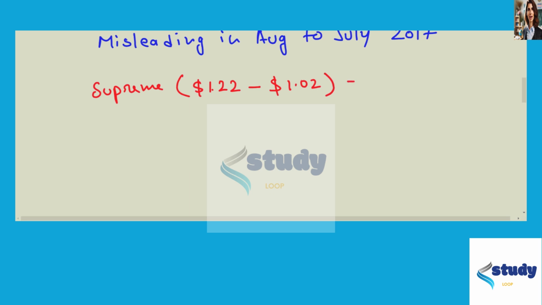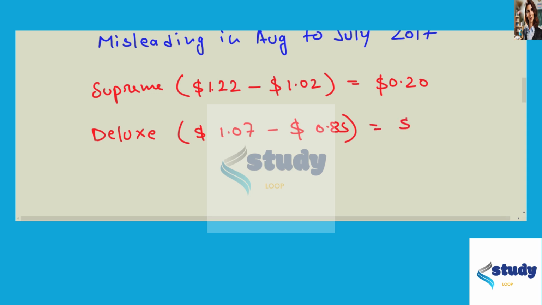Once we calculate, we'll get 0.20 US dollars. Similarly, for Deluxe, in the first case it was 1.07 minus, in the second case, 0.85. On solving it comes to 0.23.